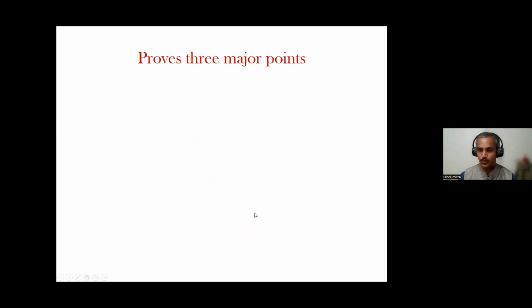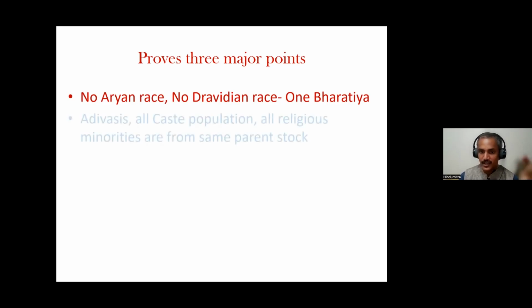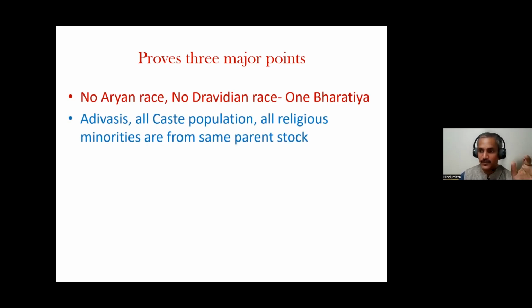So what does it prove? All these studies prove that there is no Aryan race or Dravidian race. The Bharatiyas are one. The mischief of using words such as Adivasis, Girijan, Harijan, or caste population, Jatis, all religious minorities as different people of different ethnicity.